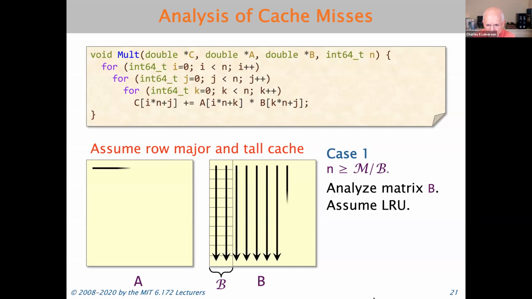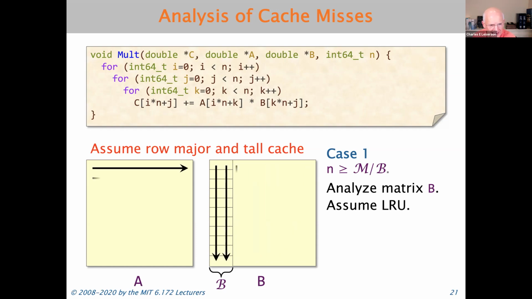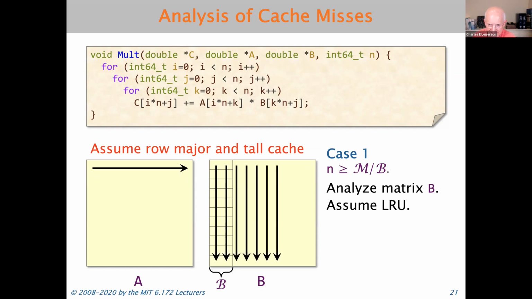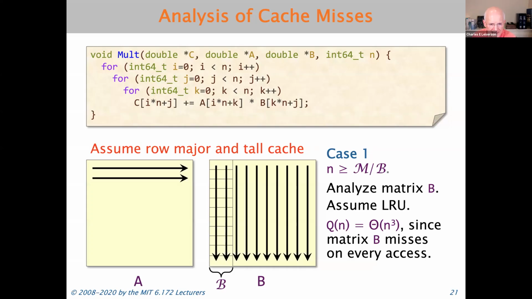For every column, the scan causes n cache misses on B. So for a given value of I, we have a total of n squared cache misses on B. And now we move on to the second row of A, and we incur another n squared cache misses for B. And we have to do that n times, and so that's n times n squared, which is order n cubed cache misses.